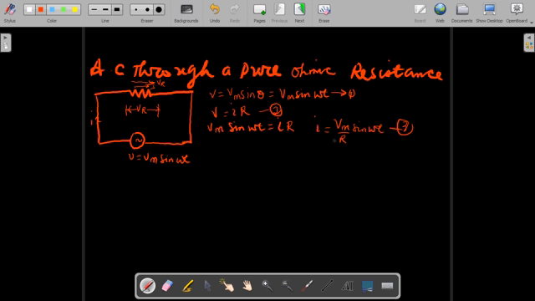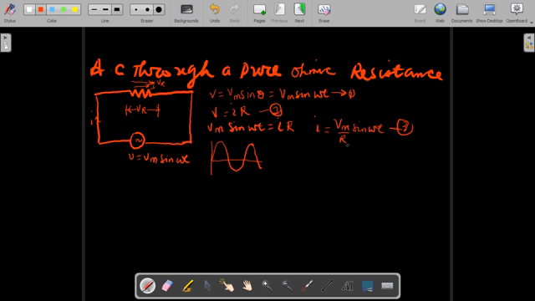Now, if you look at this equation 3, this is also an equation in a sinusoidal form. And of course, we all know that any sinusoidal signal or voltage is of this form, which follows the sine wave.